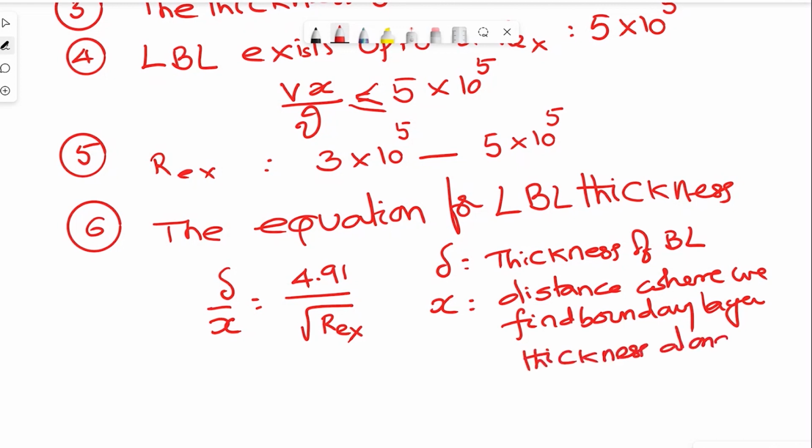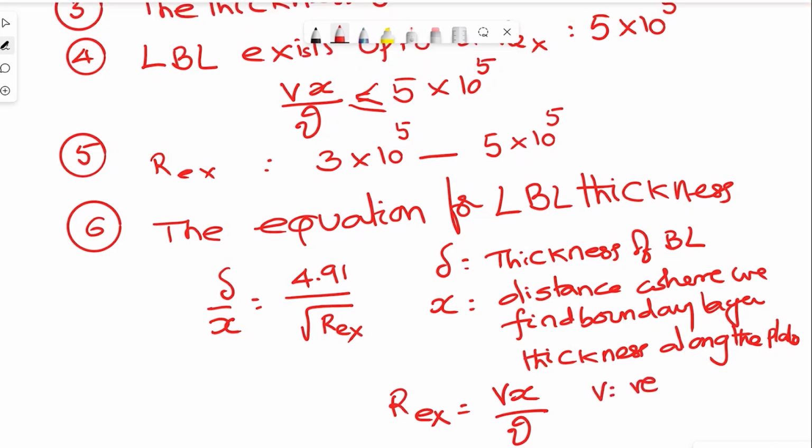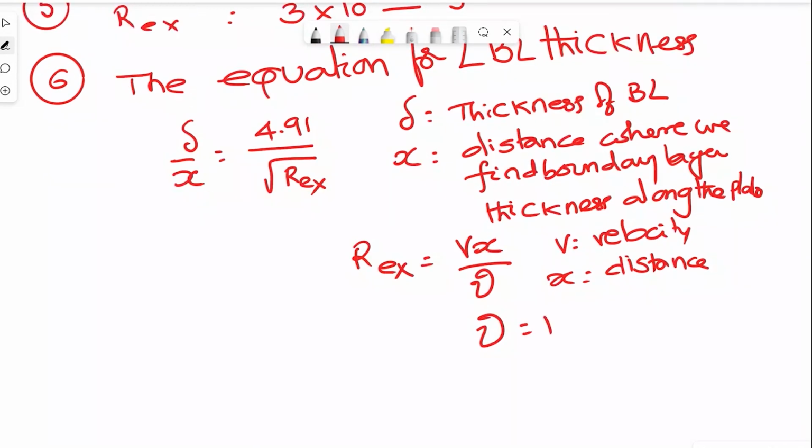Then Rex is equal to Vx by nu, where V is the velocity, x is the distance already mentioned above, and nu is the kinematic viscosity.